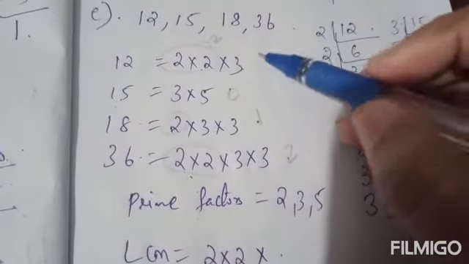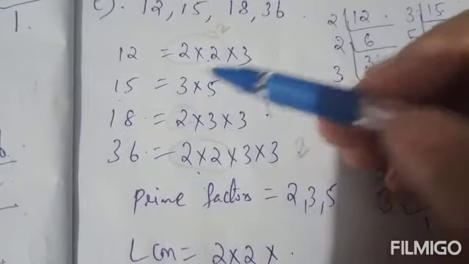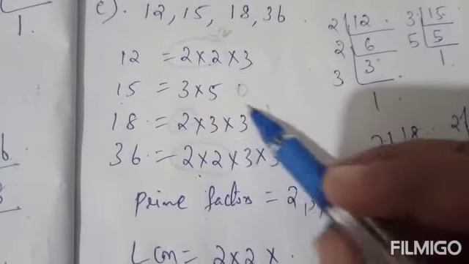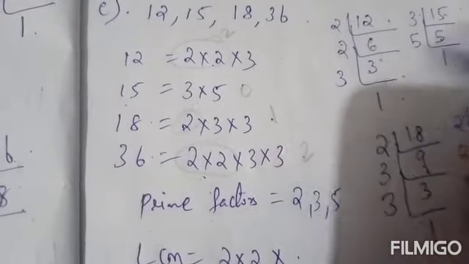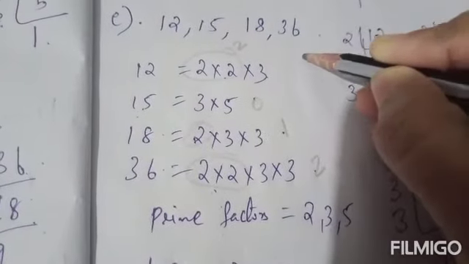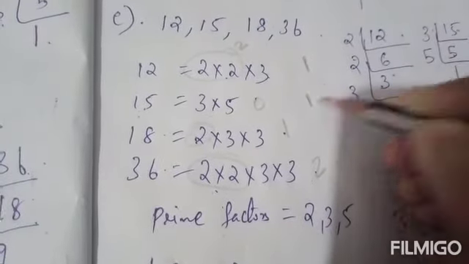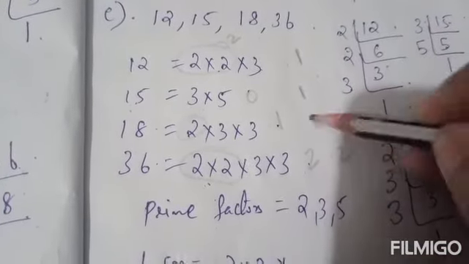Similarly 3. 3 is coming 1 time in 12, 1 time in 15, 2 times in 18 and 2 times in 36 also. So in case of 3, this is 1 time, here also 1 time, here 2 times, here 2 times. Which is maximum here? 2 times.